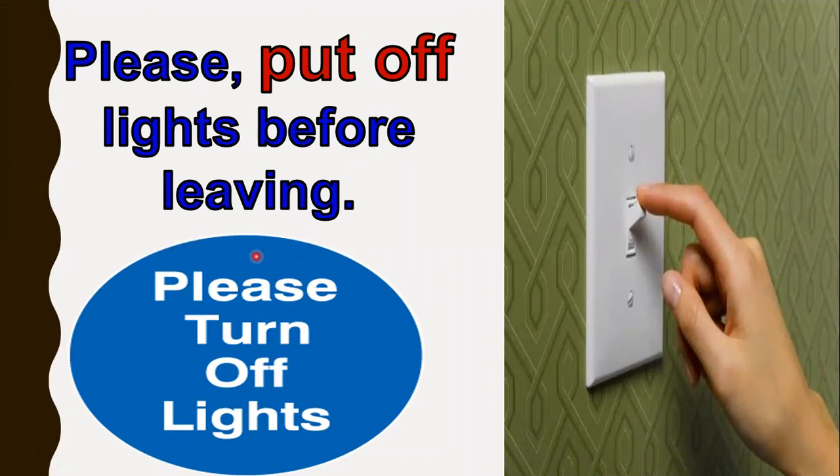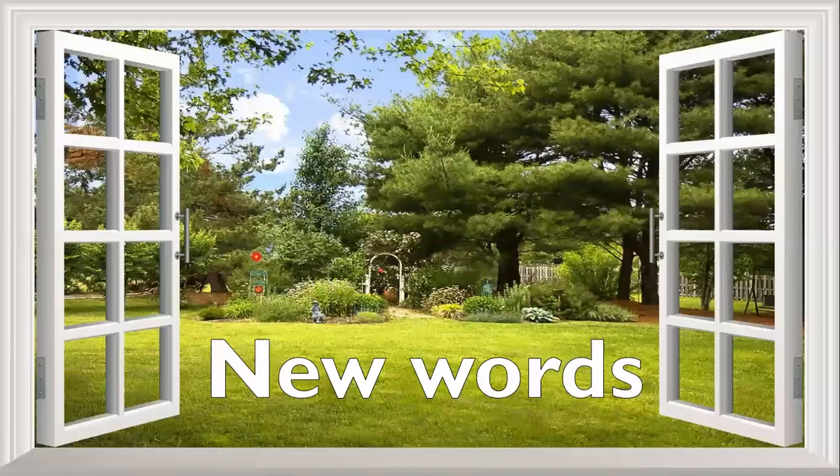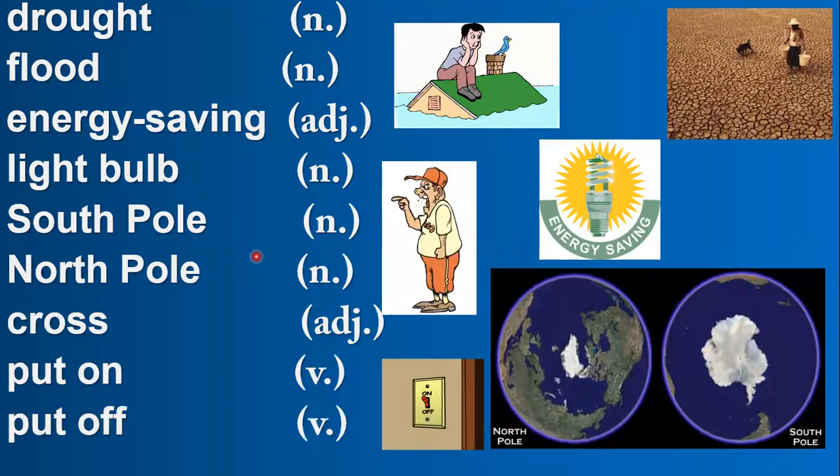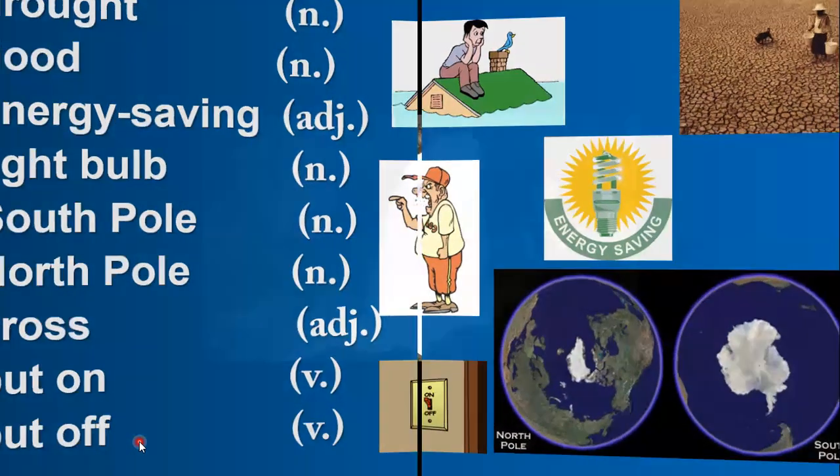Just put them off, cut the electricity. So we have some words here for this lesson, which are drought, flood, energy saving, light bulb, South Pole, North Pole, cross, put on, and put off.